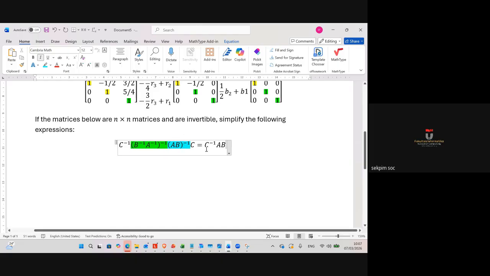And this part, I'm going to put color green.